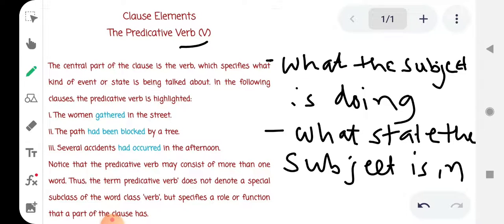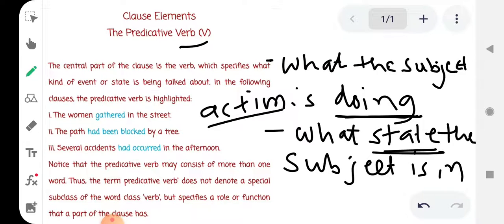So the verb tells us about doing, meaning the action of the subject, or the state of the subject. These are the two principal things that the verb does in a sentence. Either it tells us what the subject is doing, that means the action of the sentence, or the state, in which condition the subject is.